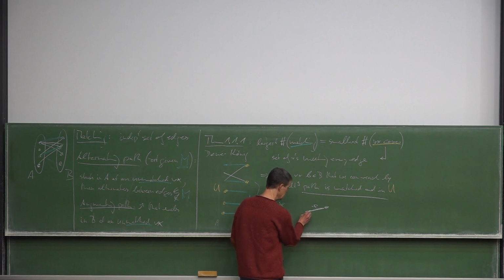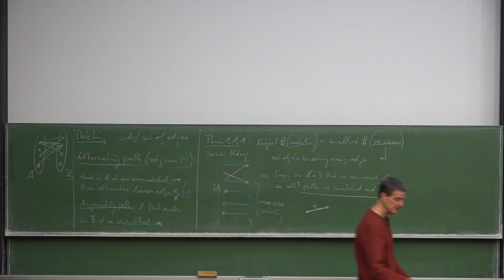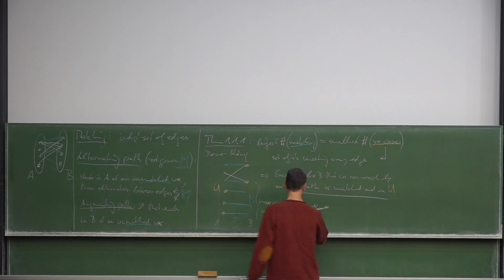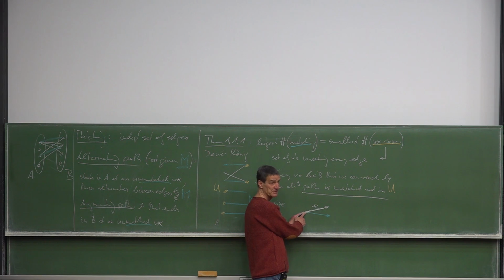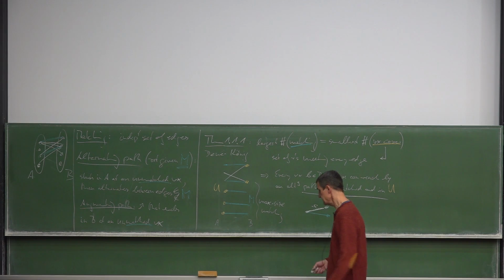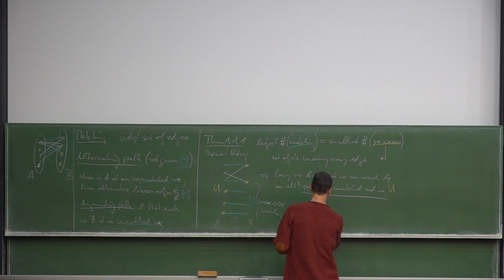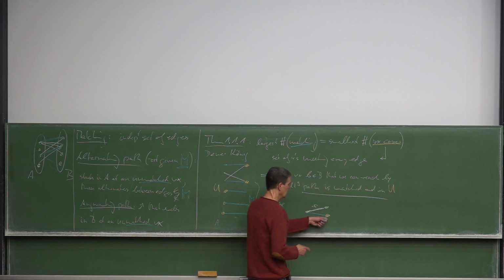Other case, this vertex is matched. Either it's covered, it's in U, in which case we're happy. If it's not in U, then the vertex on the right is in U. And why did we put that in U?